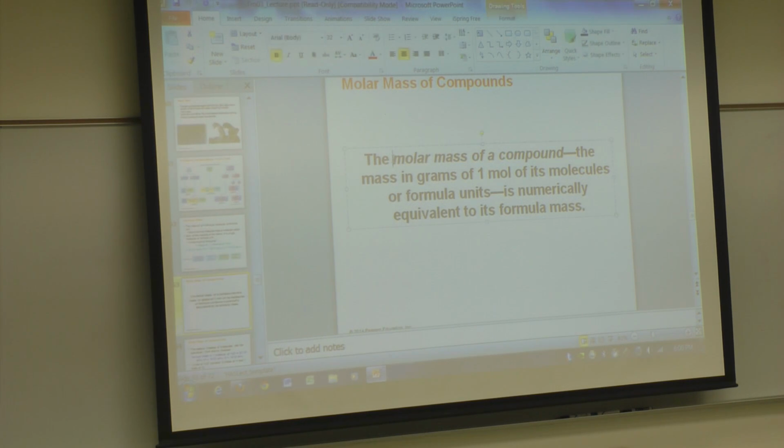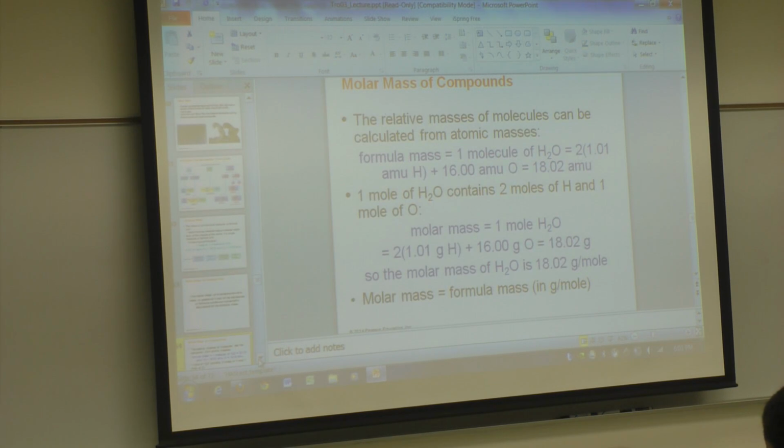The molar mass of a compound is the mass in grams of 1 mole of its molecules, which is 6.02 times 10 to the 23rd. We'll be doing a lot more formula mass and molar mass calculations shortly.